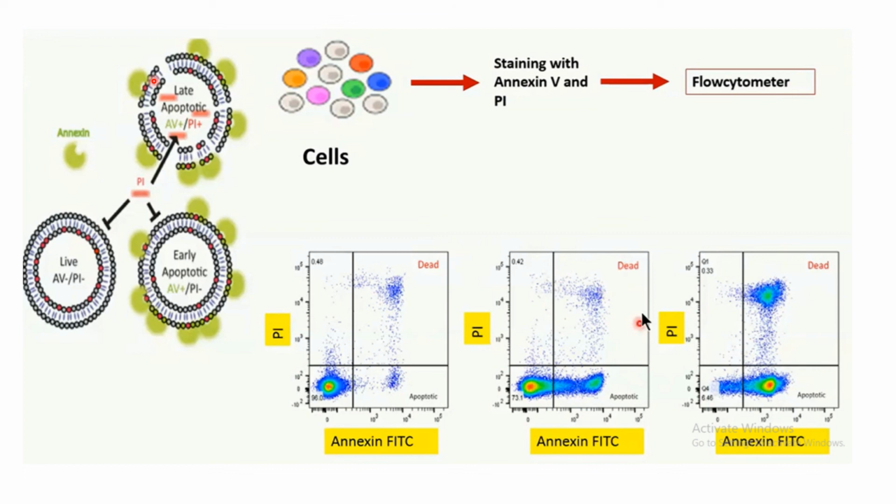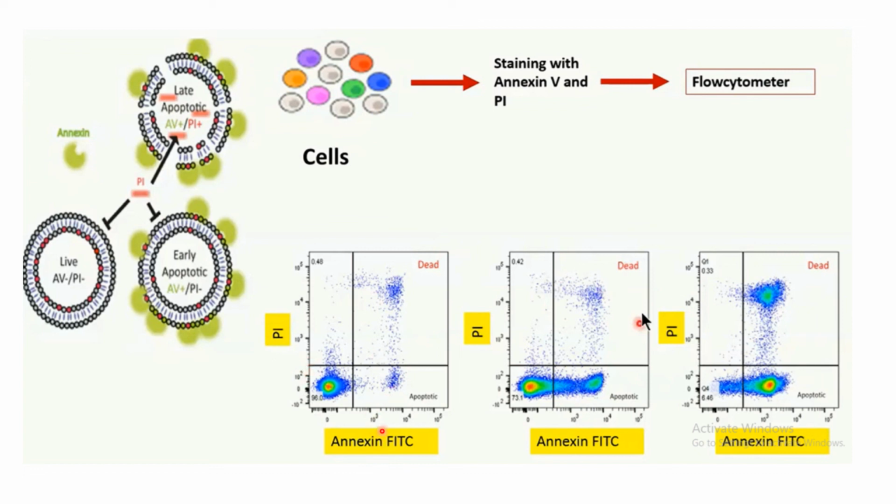Now experimentally we are taking these cells and we get this particular graph. On the x-axis again we have FITC labeled annexin 5, and on the y-axis we have propidium iodide fluorescence. So these are the cells which are AV negative and PI negative.